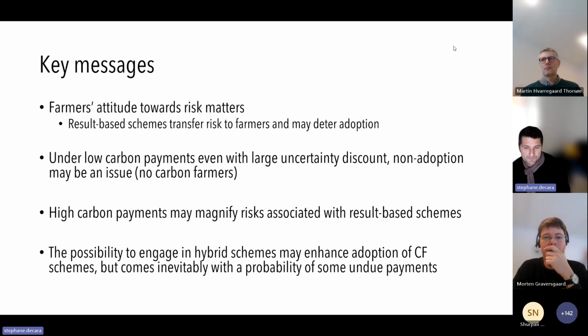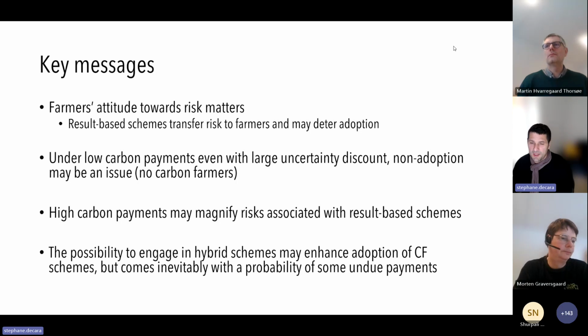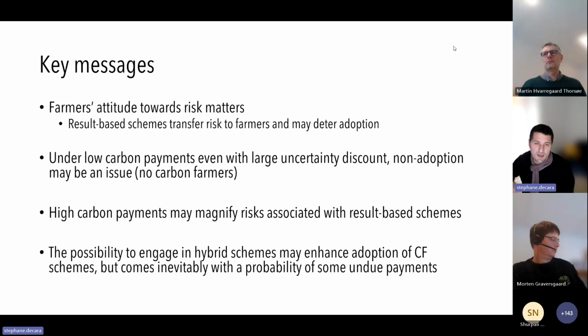Because it's difficult to know beforehand the risk aversions of farmers, by letting them choose, you let them reveal themselves, and it might be better for society as a whole. But hybrid schemes come inevitably with the probability of paying some carbon payments that in the end will not be realized.